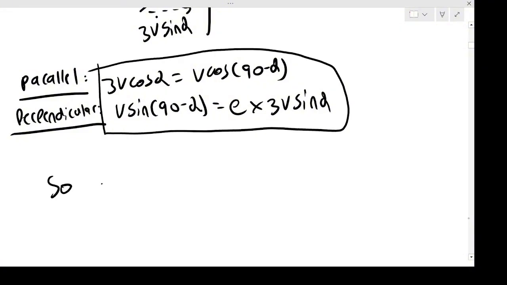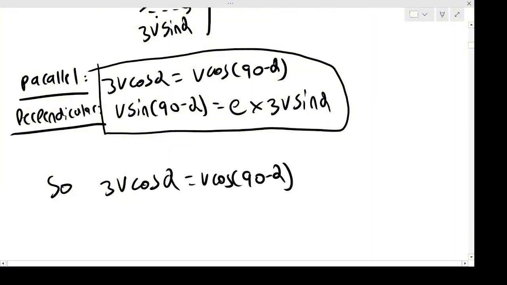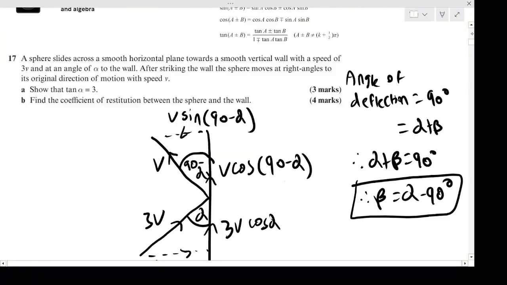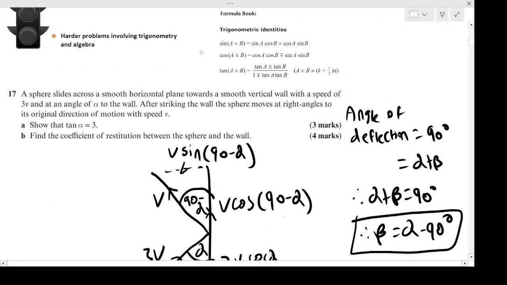So if I just consider 3v cos alpha to be v cos of 90 minus alpha, well, actually, this is an angle formula. You should see this from year 2 pure maths. We know that the addition formula for cos is this. So let's work this out.